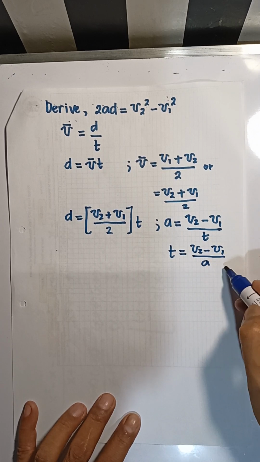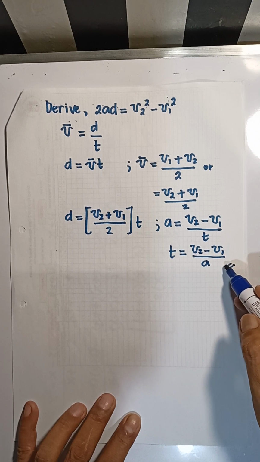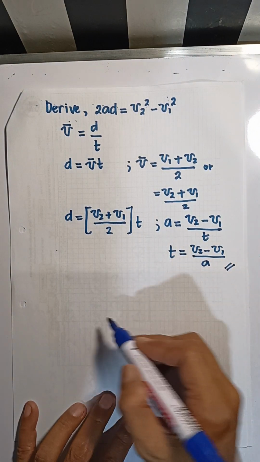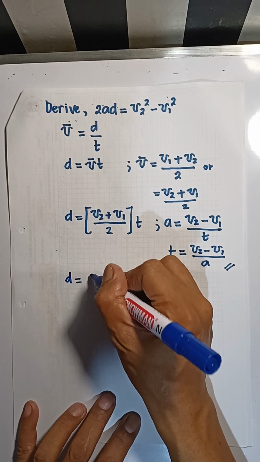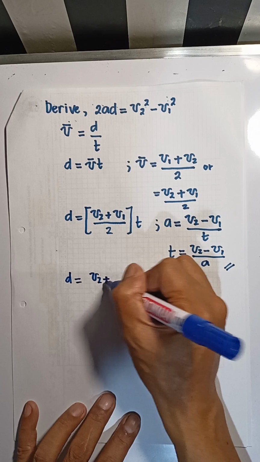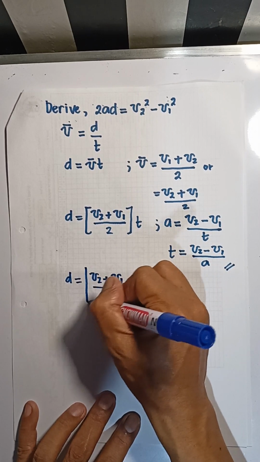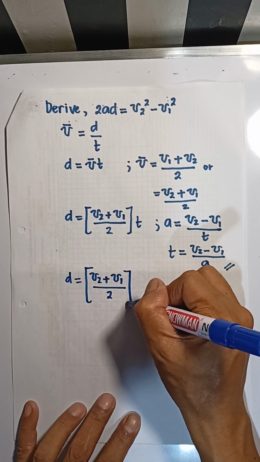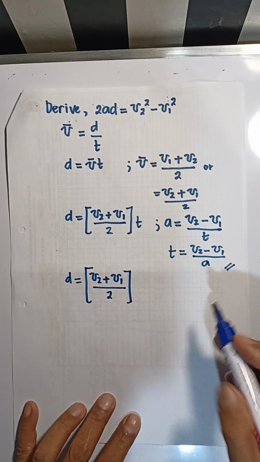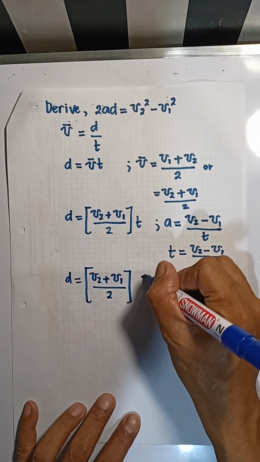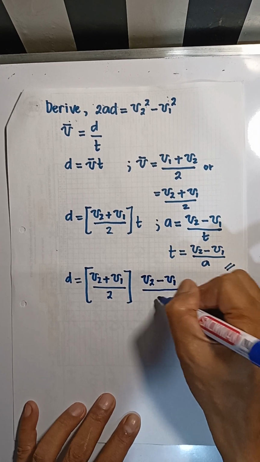So we will use this equation here. Your distance will be equal to v sub 2 plus v sub 1 all over 2 times your equation for t. So we will substitute this to your t. So you will have v sub 2 minus v sub 1 all over a.